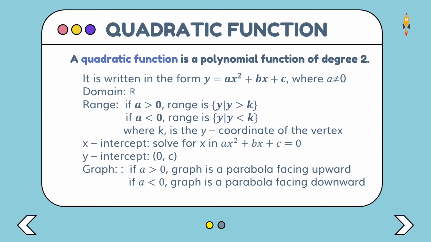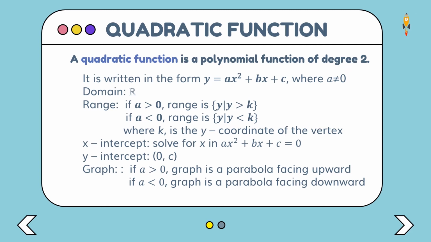If a is greater than 0, range is the set of all values of y such that y is greater than or equal to k. And if a is less than 0, range is the set of all the values of y such that y is less than or equal to k, where k is the y-coordinate of the vertex of the graph.